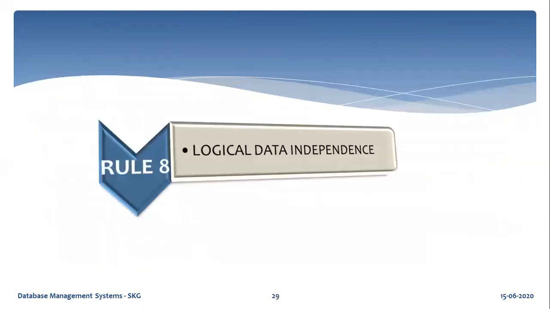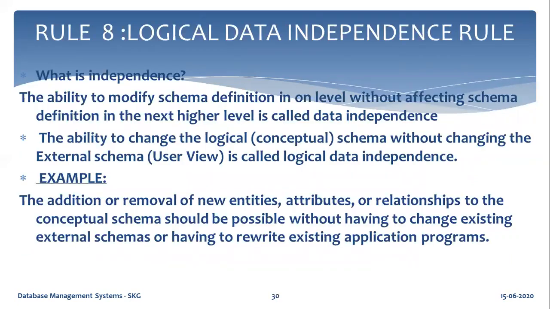So here the next rule is rule number 8, that is logical data independence. For logical data independence we have to look at the structure. Actually there are some levels. Logical means the structure of that database, that is the schema: what the attributes are, what the size of each is, what the type of each is. That is logical independence.